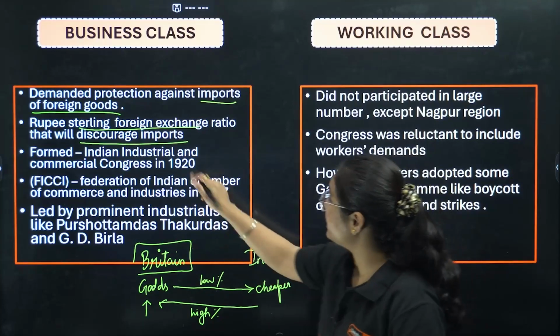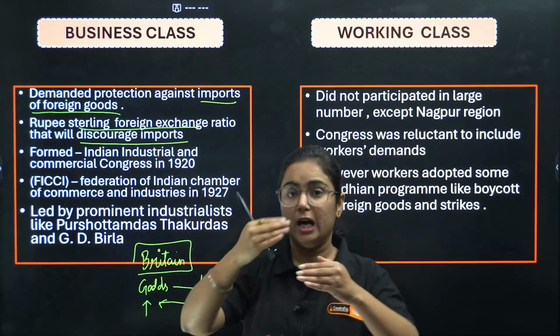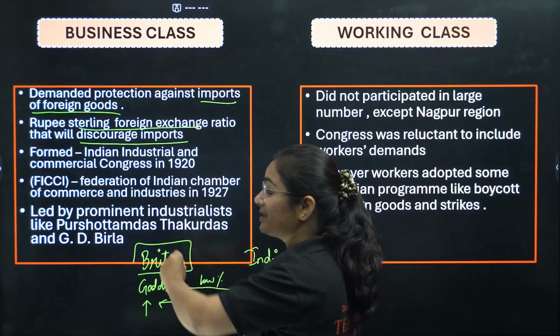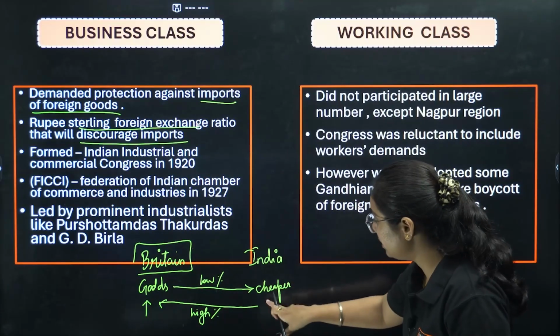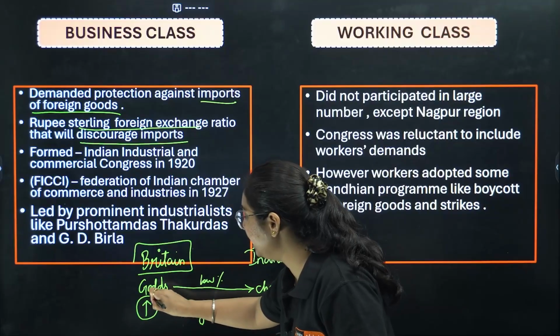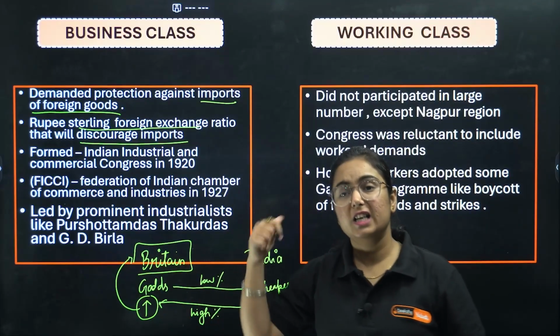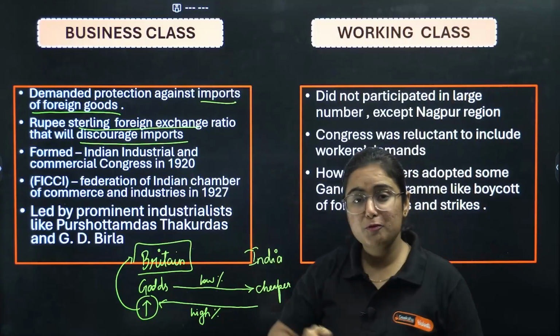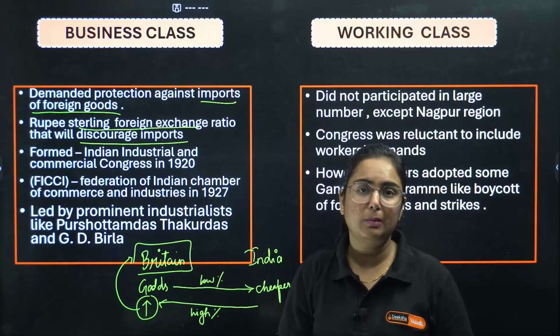Due to this ratio, the rupee sterling foreign exchange ratio, that will discourage import. This will discourage the import of Indian goods in Britain. This was basically followed by the British as a policy to suppress our Indian goods in foreign markets as well.